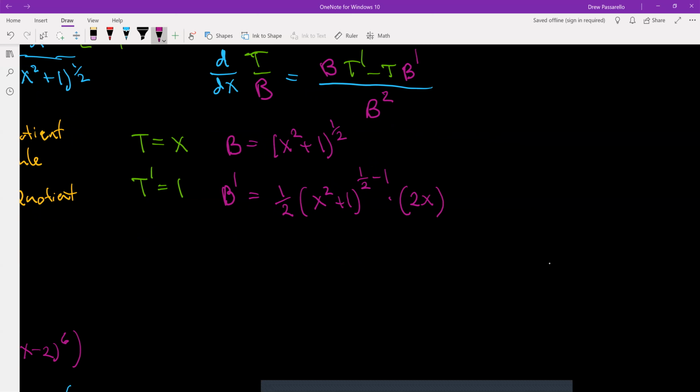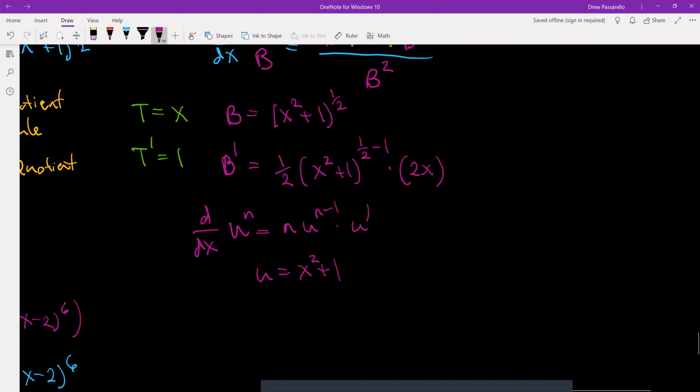All right, so again, I'm using the general power rule when I did this. In this case, u was x squared plus 1, so u prime was 2x. That's what I applied.